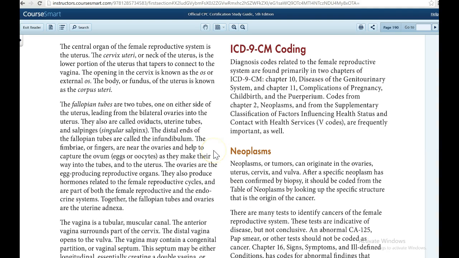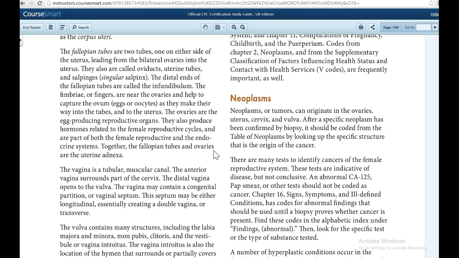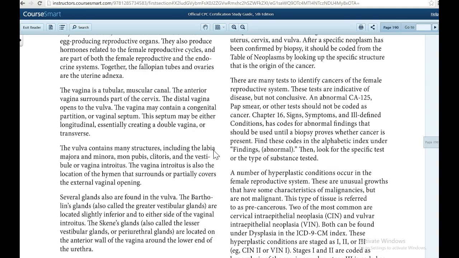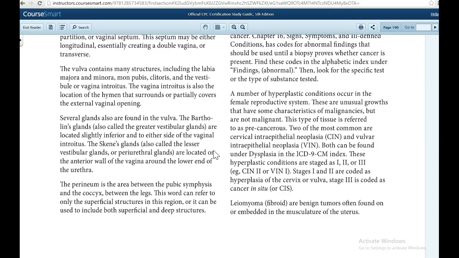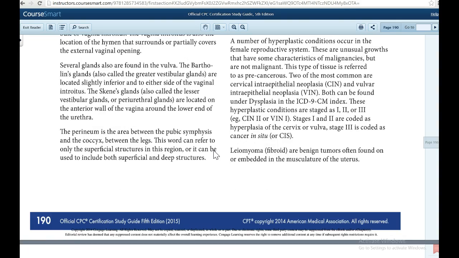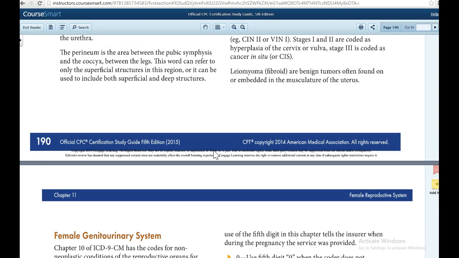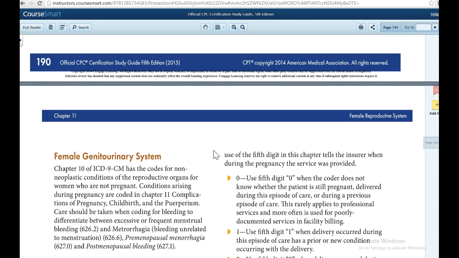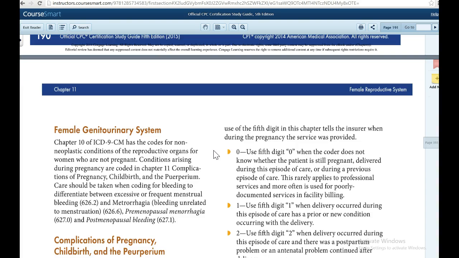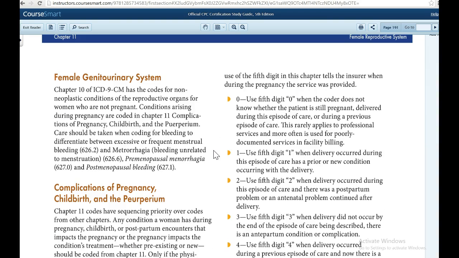And then you also have carcinomas of the vagina or the female reproductive system. So make sure you go through and you know the female genitalia or genitourinary system. We have some complications of pregnancy, of course, that fall in this particular area.